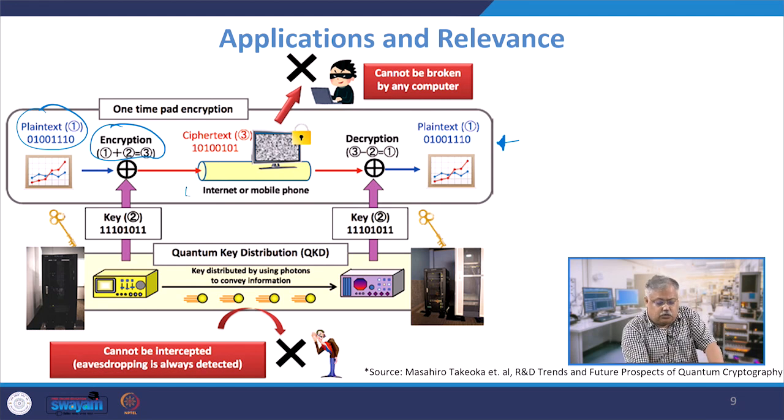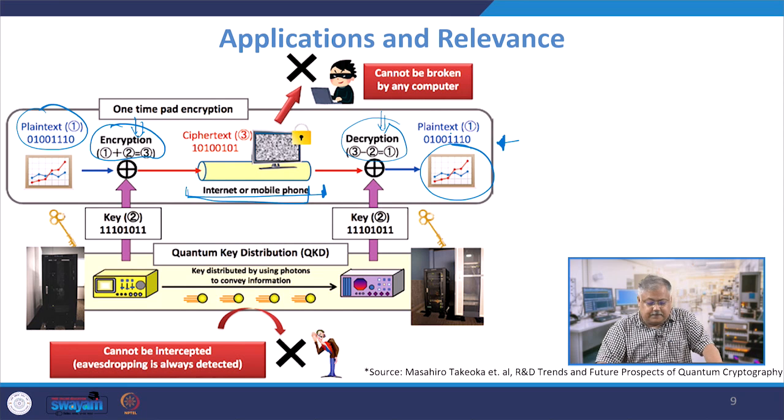Through internet and mobile phone we send the ciphered text here, and then at the receiver end we do a decryption. So we encrypt the message here, add some extra bits such that the original message is sort of hidden, and somewhere here we try to decrypt it by the same decryption key, and we get the plain text output on the output side, right.